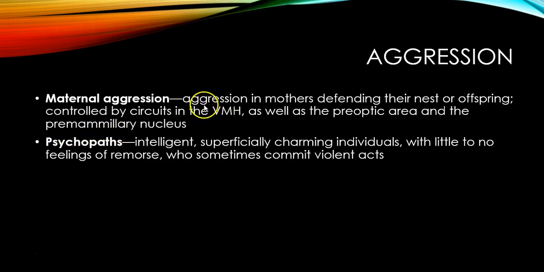Now, as you can see, as we're going through this class, it's very uncommon to have one action, like let's say maternal aggression, controlled by one single part of the brain. It's typically by multiple parts of the brain in some kind of a circuit. So we would say ventromedial hypothalamus, I would say, is the key brain area here, but there are other areas involved as well.